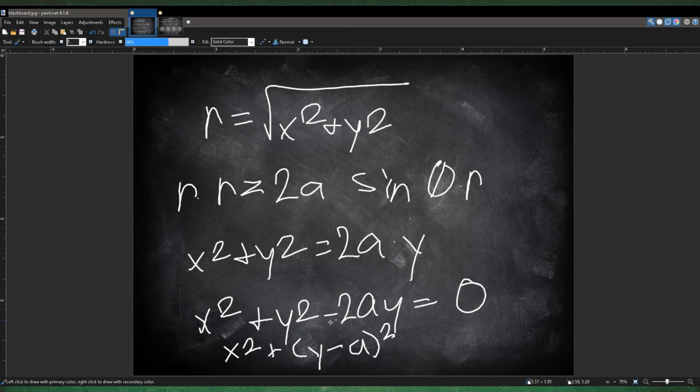Since it gets the two terms, you have to subtract that a squared, and then you move the a squared to the other side. Since the usual form is x squared plus y squared is equal to the radius squared, that means the radius is equal to a, and the center would be at x, which is 0, and y would be at a. So the center is (0, a) and the radius is a.